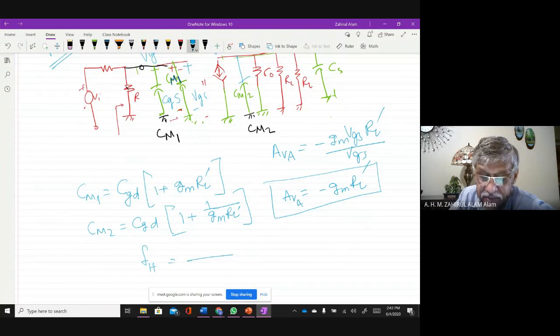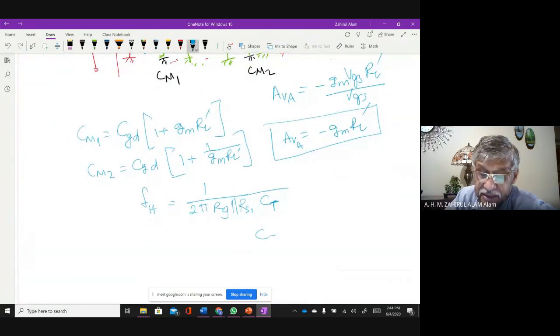It is equal to 1 over 2 pi, RG parallel RS1, and this is CT. Now CT is equal to CGS plus CM1.